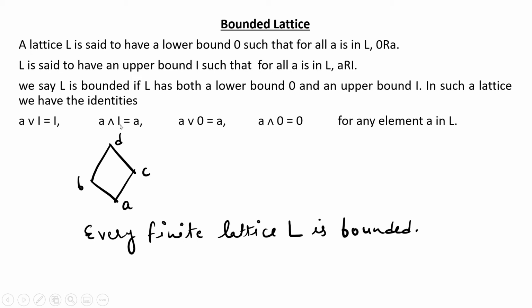Then A meet I would be equal to A, so A meet D would be greatest lower bound, so this is A. We can check for this. A join A would be A, then A meet A would be A. So every finite lattice L is bounded.